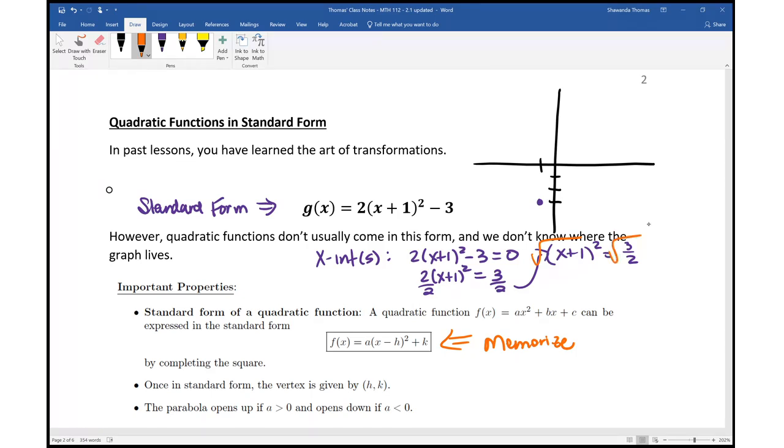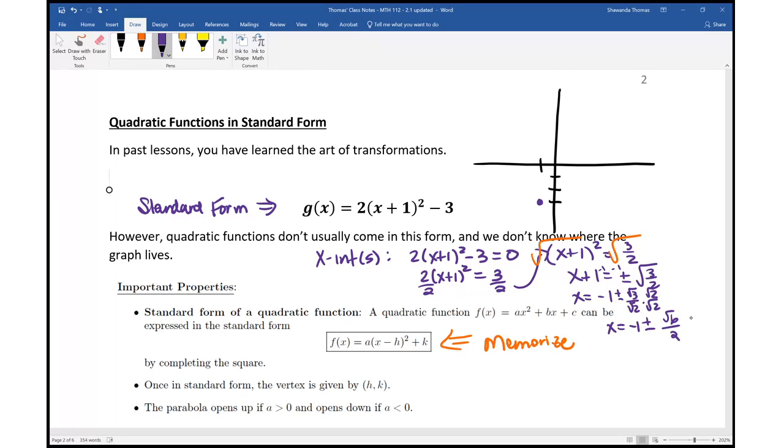Well, square root both sides. Plus or minus square root of 3 halves. Then subtract 1. So x equals negative 1 plus or minus the square root of 3 over the square root of 2. And I'm going to rationalize that right quick. So that's negative 1 plus or minus the square root of 6 over 2.